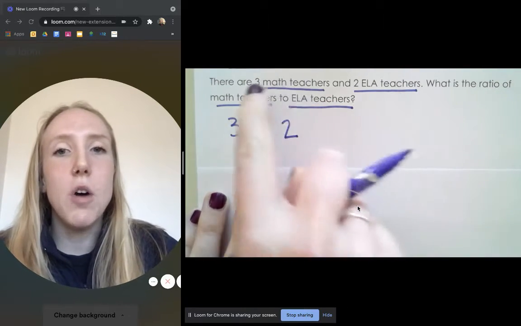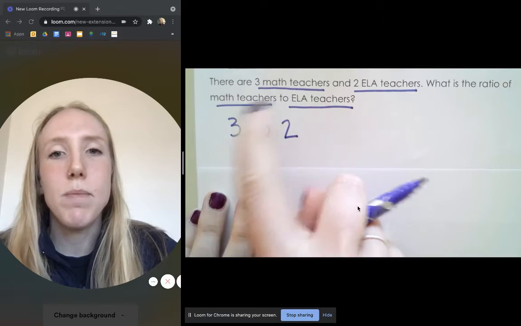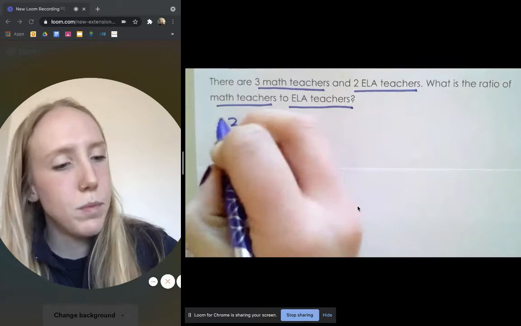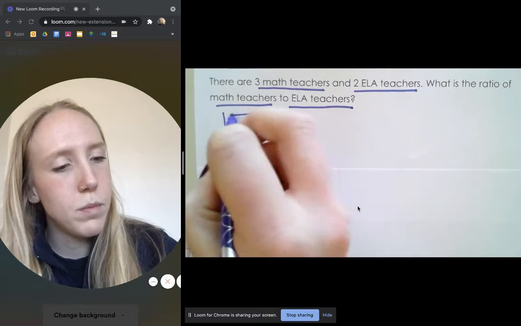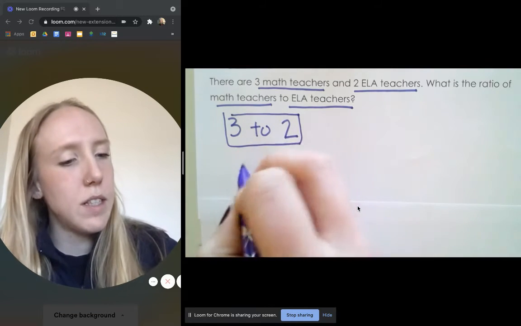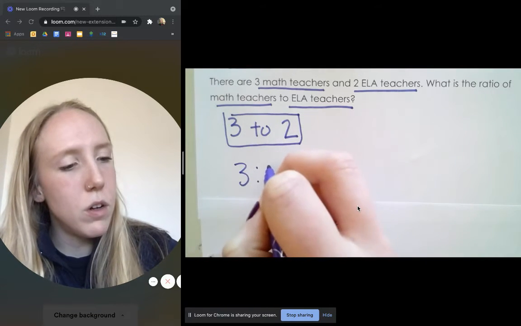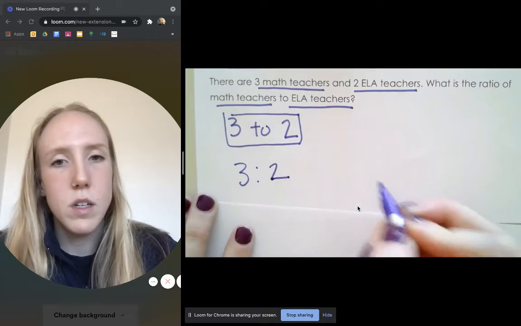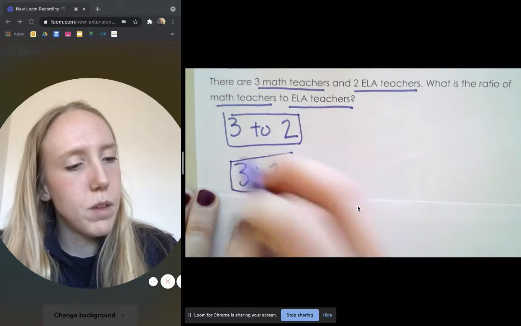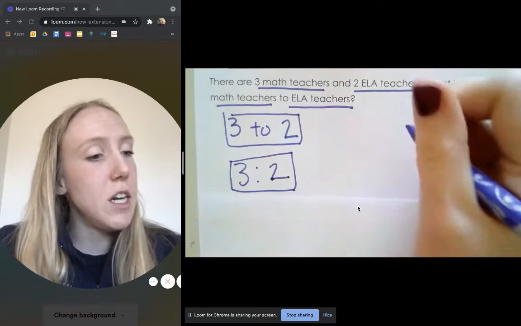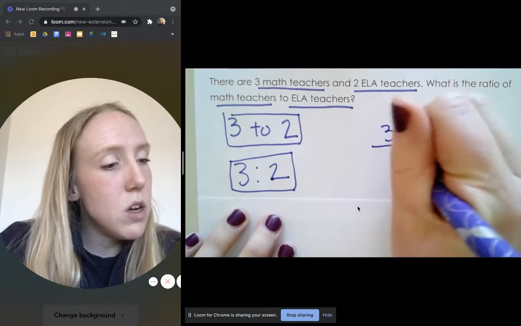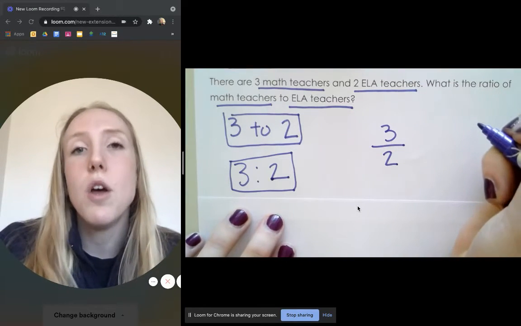What is the ratio of math teachers to ELA teachers? 3 to 2. Again, we can also write this as 3 colon 2. Or we can write it as a fraction, 3 over 2, which is also read 3 to 2.